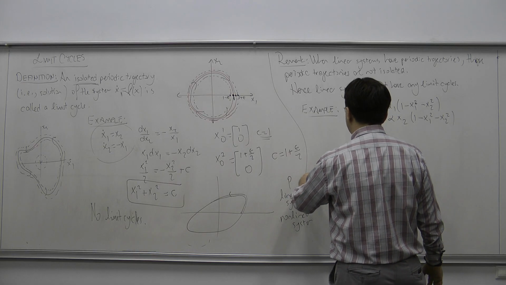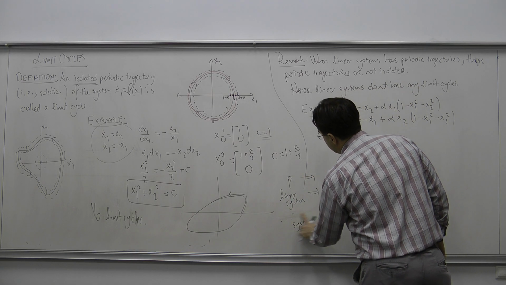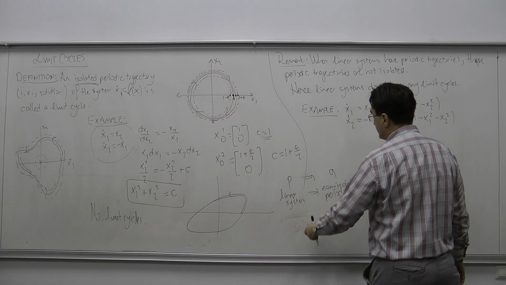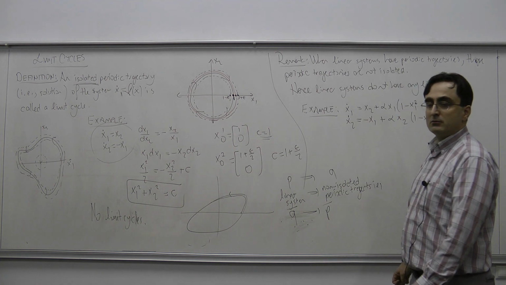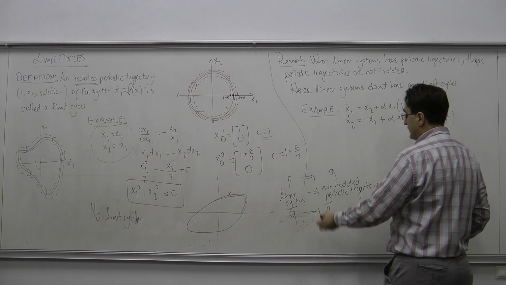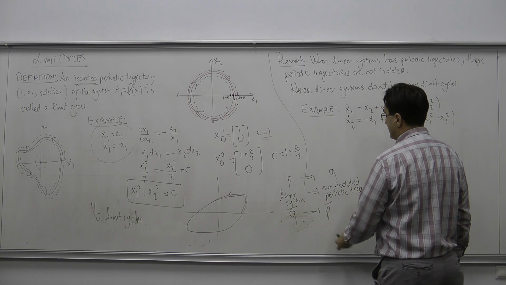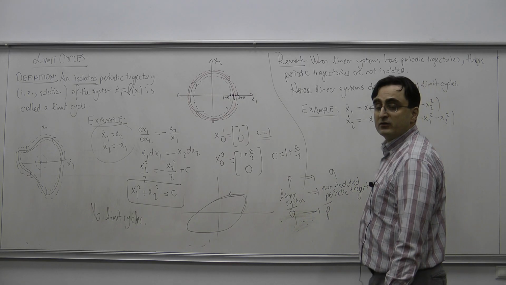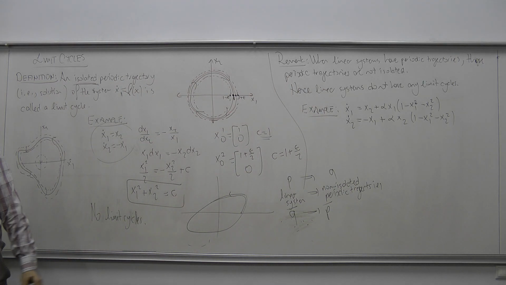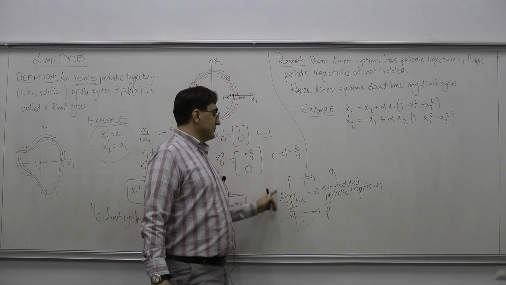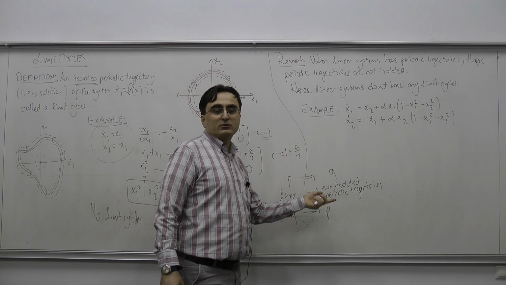So this is P implies Q, and I know that the equivalent statement to this is that Q complement implies P complement. Okay? And Q complement is: if some periodic trajectories are isolated, then that system should be a nonlinear system. But if the system is nonlinear, then you cannot say that its trajectories are isolated or non-isolated.